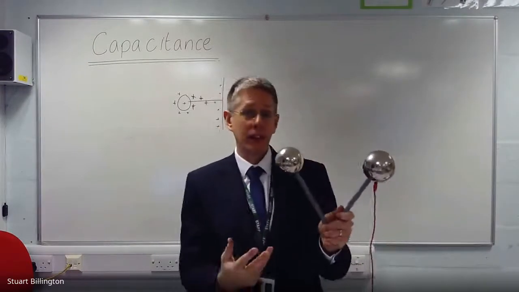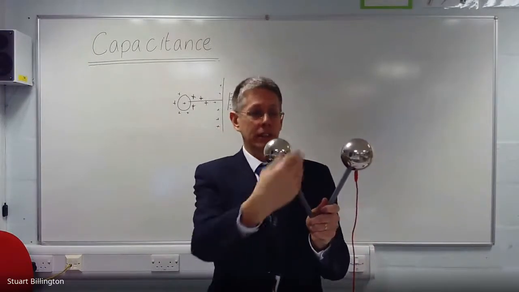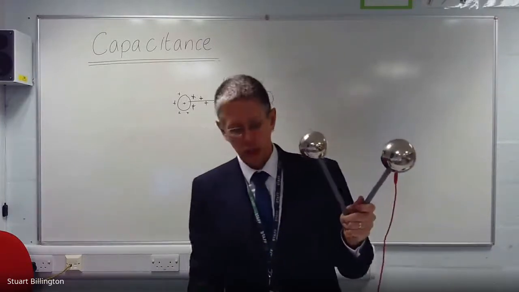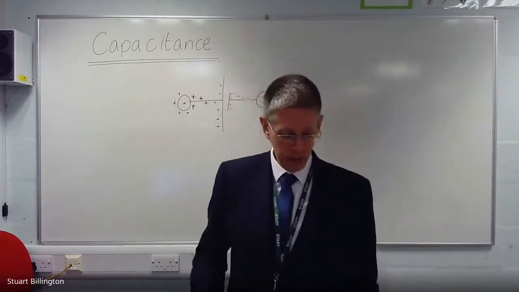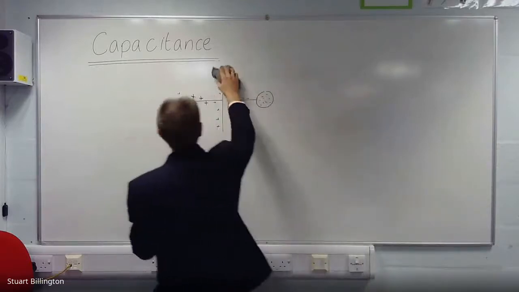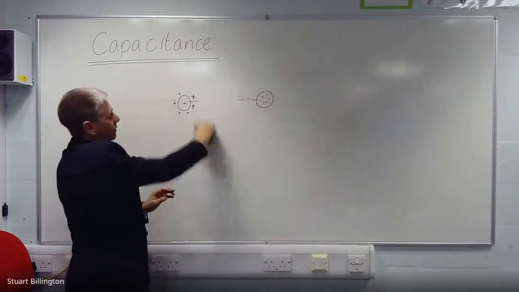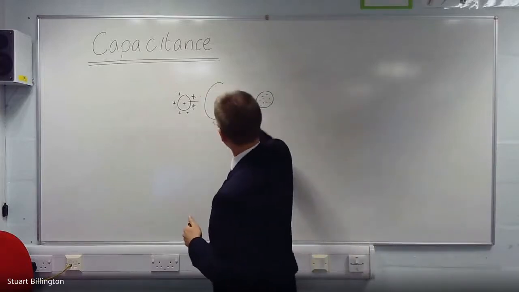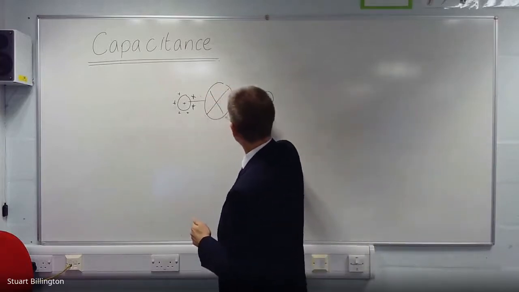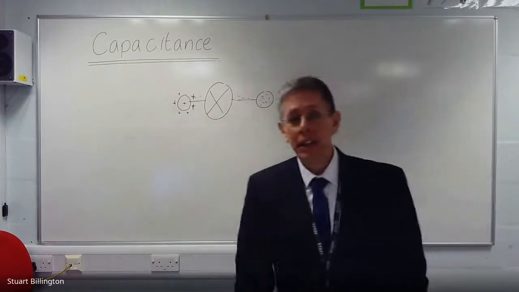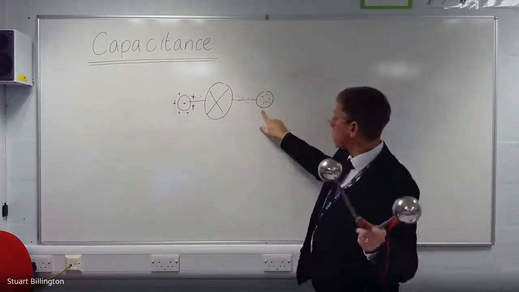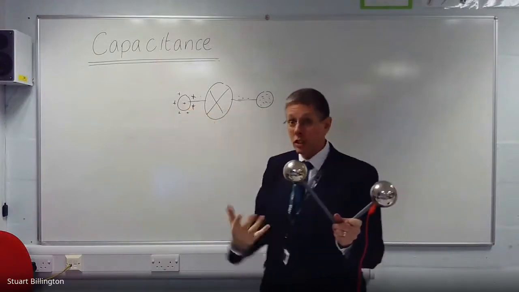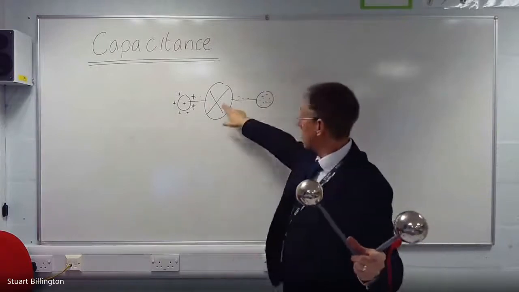But the difference is that in a chemical cell, there is some process going on in here that is maintaining the charge separation. But what I can do with a capacitor is, once it's charged up, I can now connect something in between, like a bulb, and the electrons will flow from the negative place through the bulb to the positive place, just like a chemical cell, and it will light the bulb up.